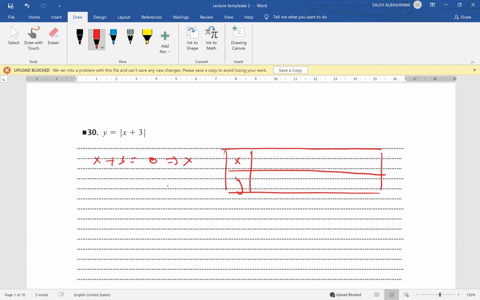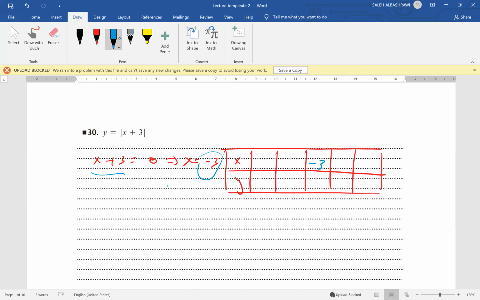This will give me x equal to minus 3. So I'm going to choose this one to be the center point. I will put it in the center, minus 3. So this will be the vertex of the graph.